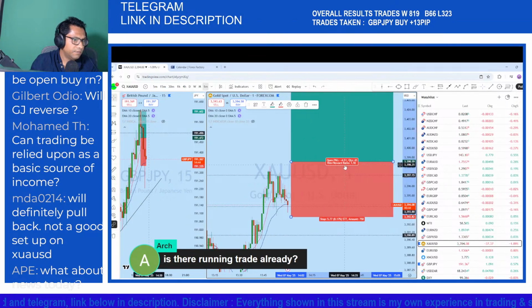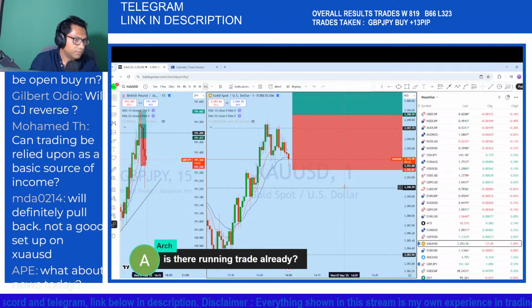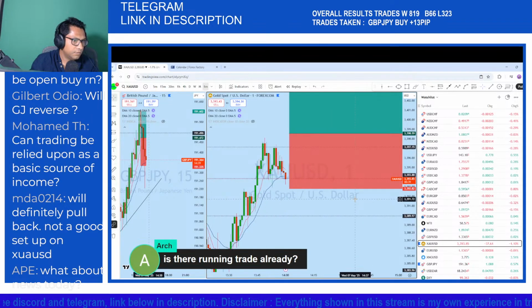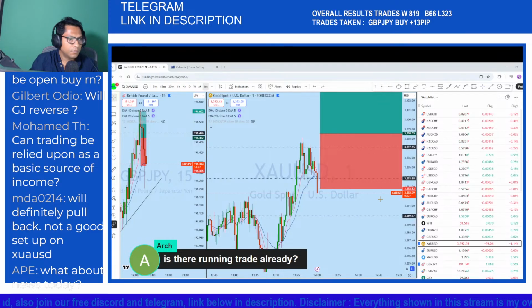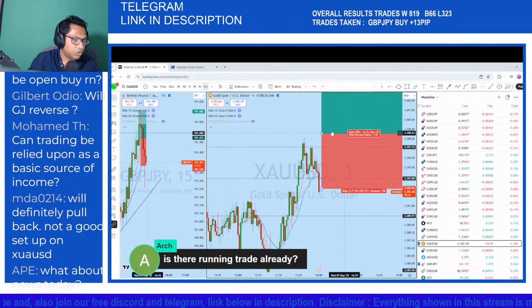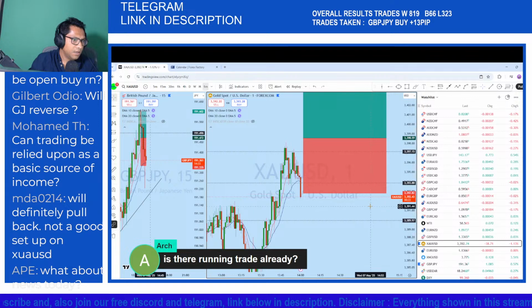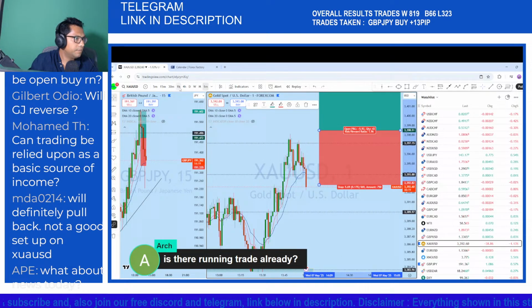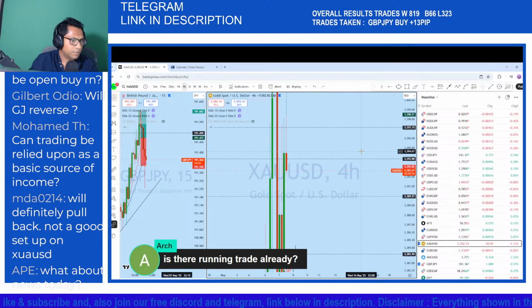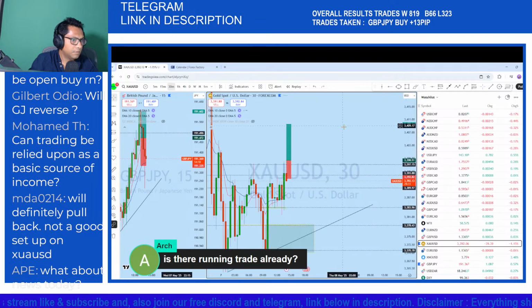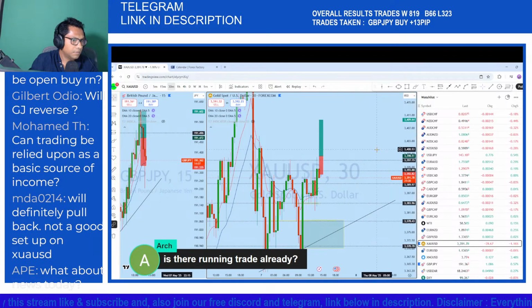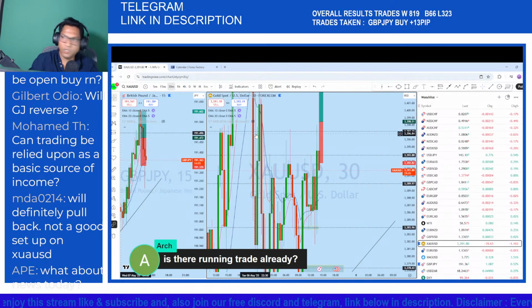Now from this, this is a break, so it's a buy stop, not a market order. And now, as we mentioned, it still can continue to drop.